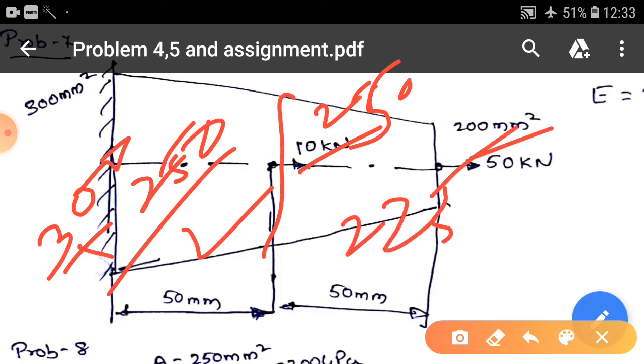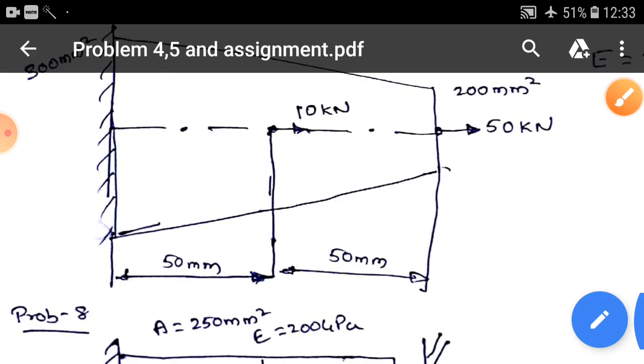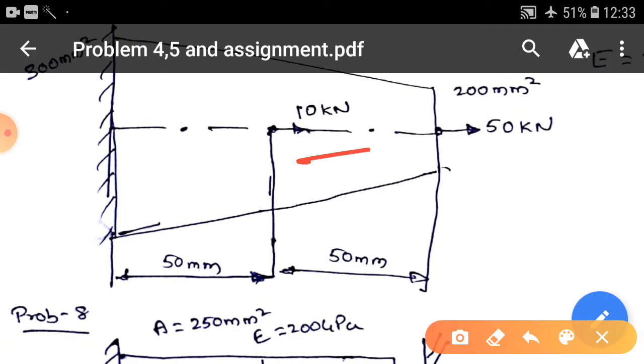Here it is 275. These are the average areas of these sections. Then simply solve it. Force is in the positive direction, but the force is applied at both nodes, node 2 as well as node 3. Reaction is present here, R1.